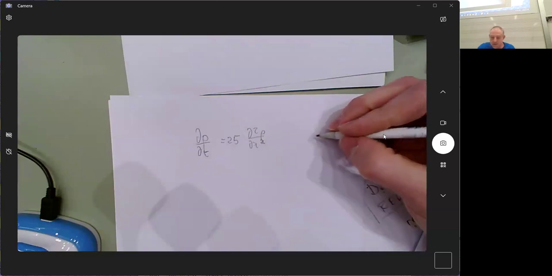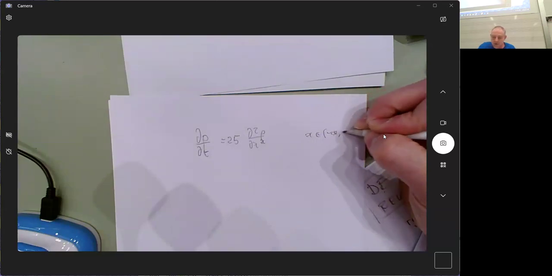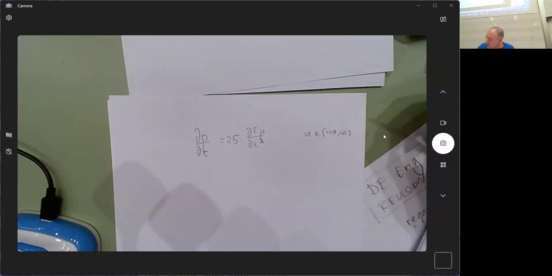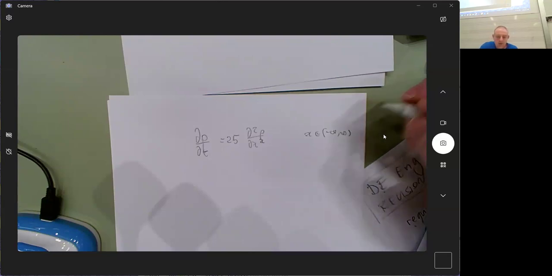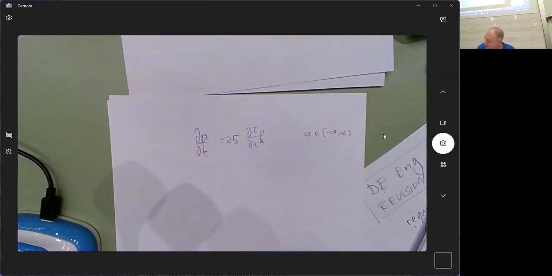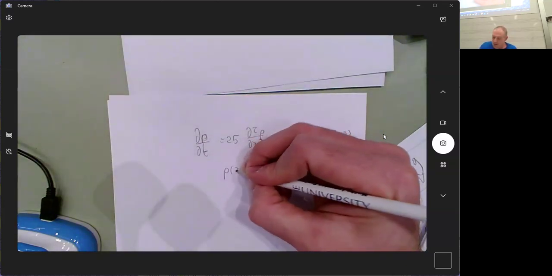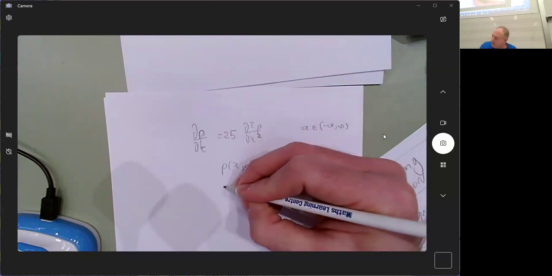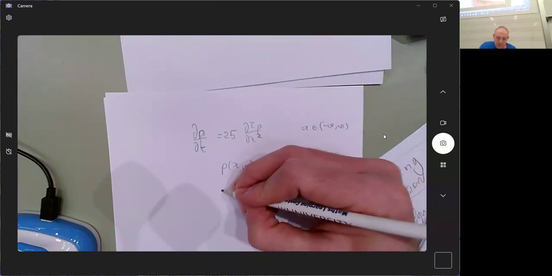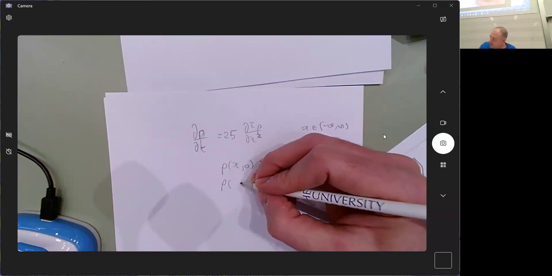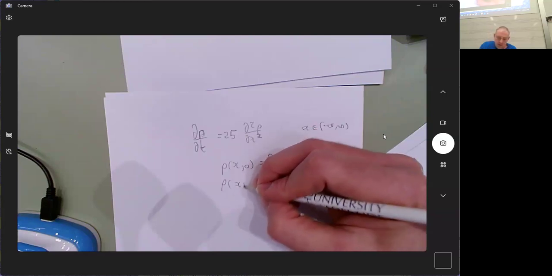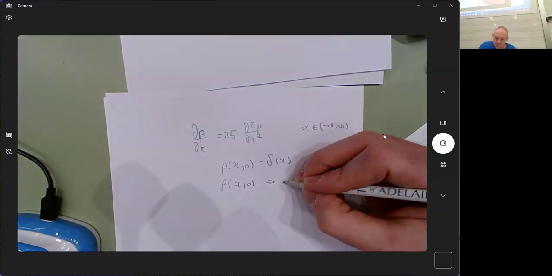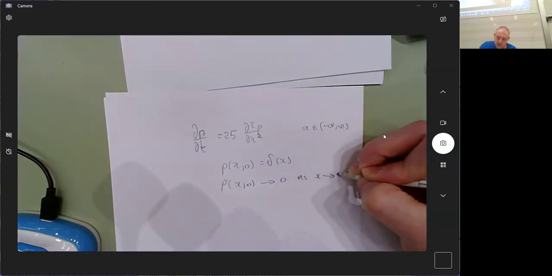And x is from minus infinity to infinity. Yep. Okay. And they've given us that rho x0 is delta x, and rho x0 approaches 0 as x goes to plus or minus infinity.